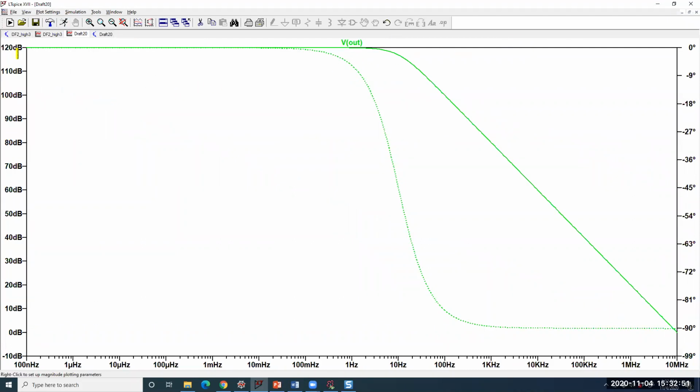So the DC gain, it's 120. You read that off of the data sheet and you can just draw a line straight out. Then if they tell you the gain bandwidth, in this case, I know that it's 10 megahertz. Op amps are designed so that this first slope is 20 dB per decade.